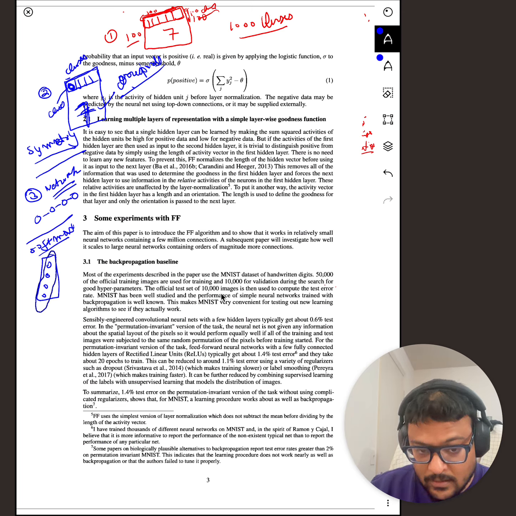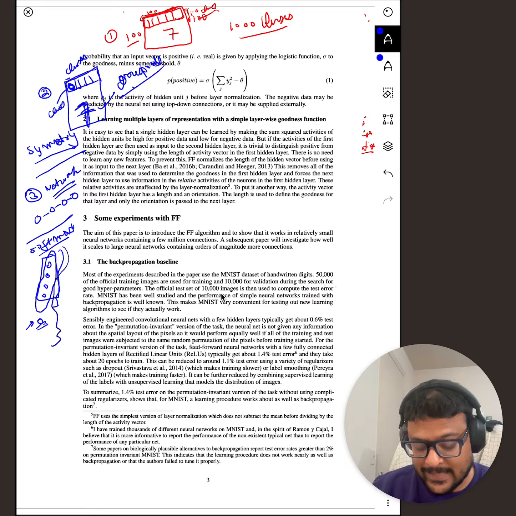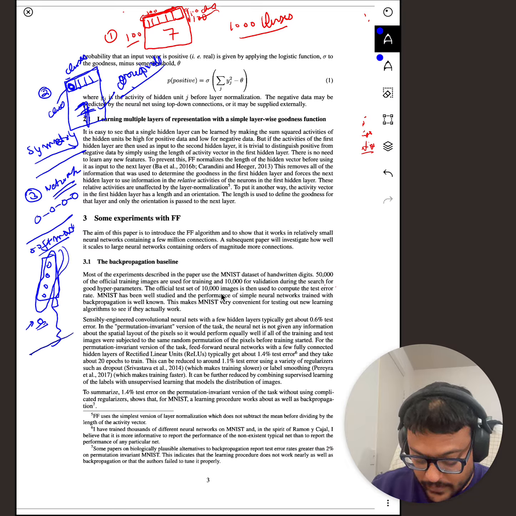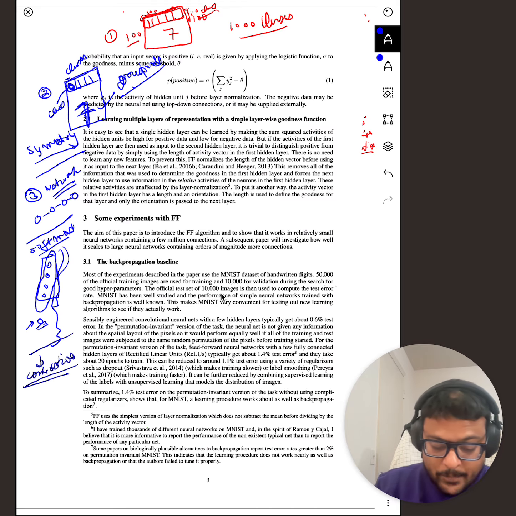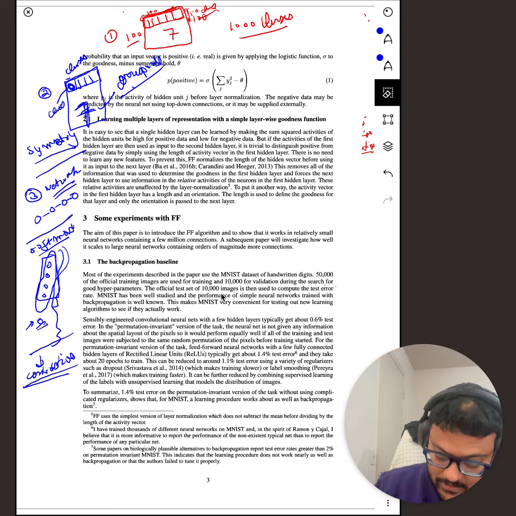If any class comes during testing which is not part of the softmax, then it's impossible to classify the new sample without pre-training the softmax layer again. That is a problem which was solved later with contrastive learning, but it is still a problem in the way Hinton is doing Forward Forward in his paper.